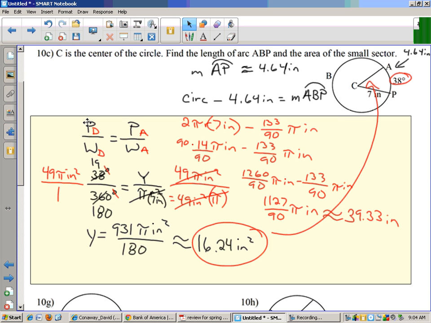Okay, so is 16.24 the area of... Yes, 16.24 inches squared is the area of the small sector, and 39.33 inches is the measure of arc ABP. Okay, I'm going to pause this one.